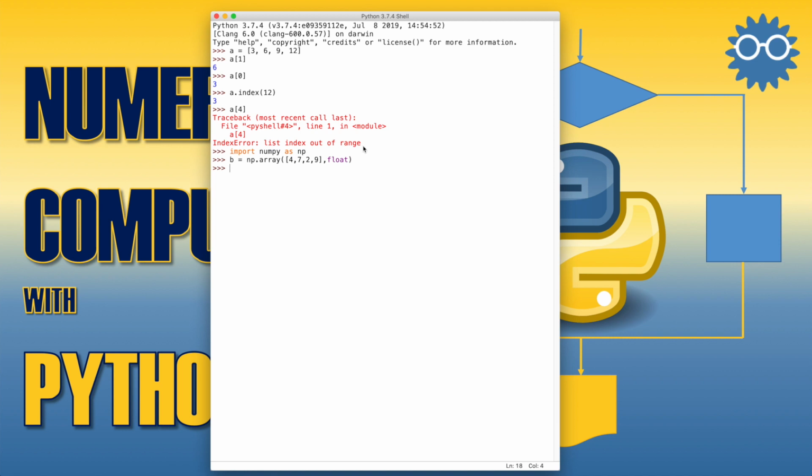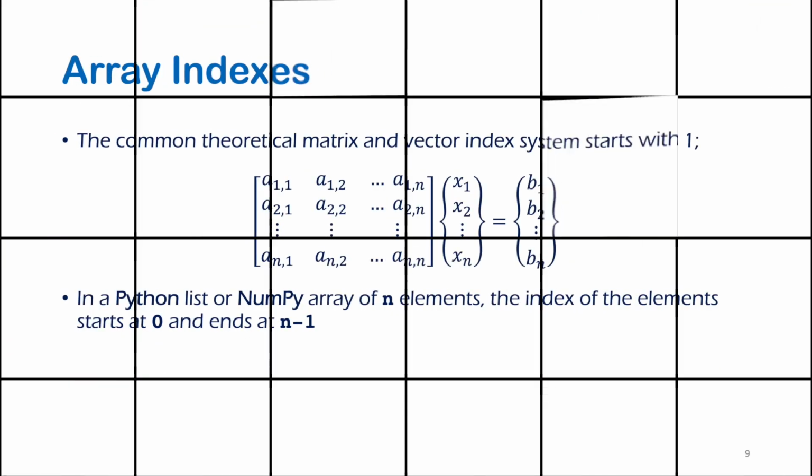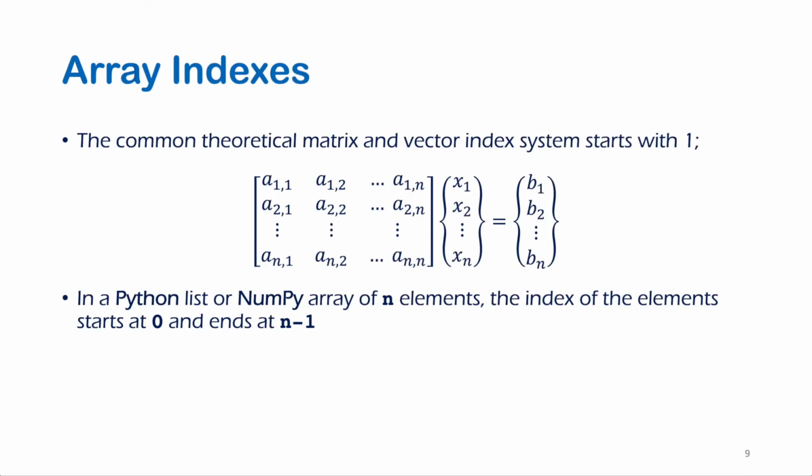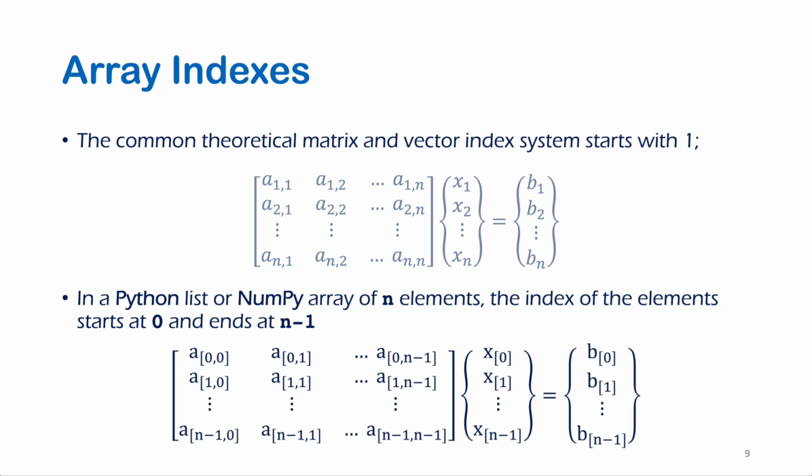Now, again, the same way, if I say b3, I will get 9. For this reason, the subscripts of the system should be like this. From now to the end of this tutorial, I will use the Python index system, so please pay close attention to this point.